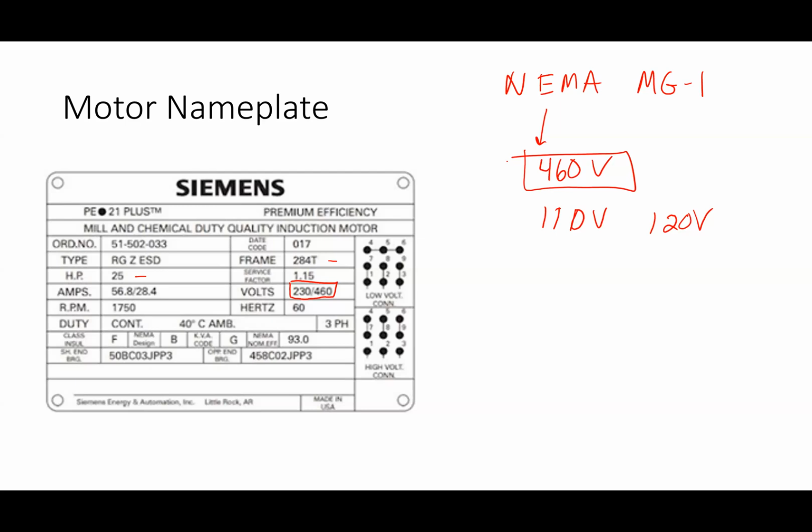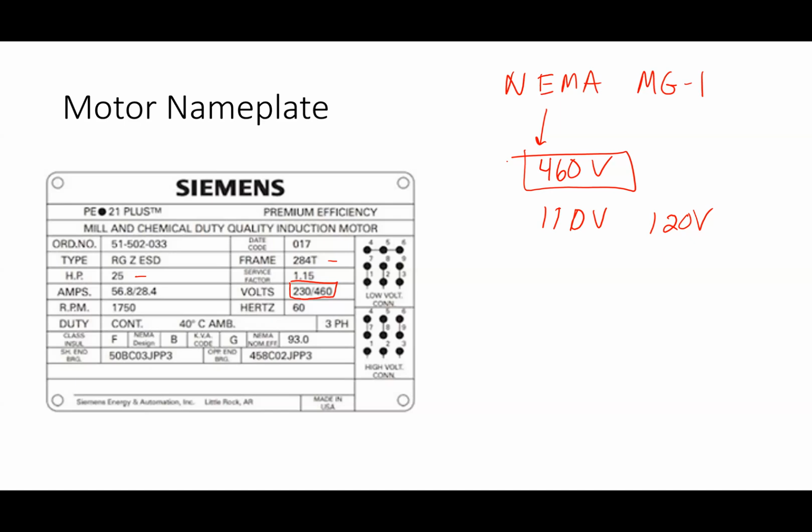Why do they rate the motor at a voltage lower than what the grid is likely to be at? Well, so if there's voltage drop on the lines, if I need to provide 25 horsepower no matter what at the output of the machine, and the voltage drops on the lines, what's going to happen as a result?